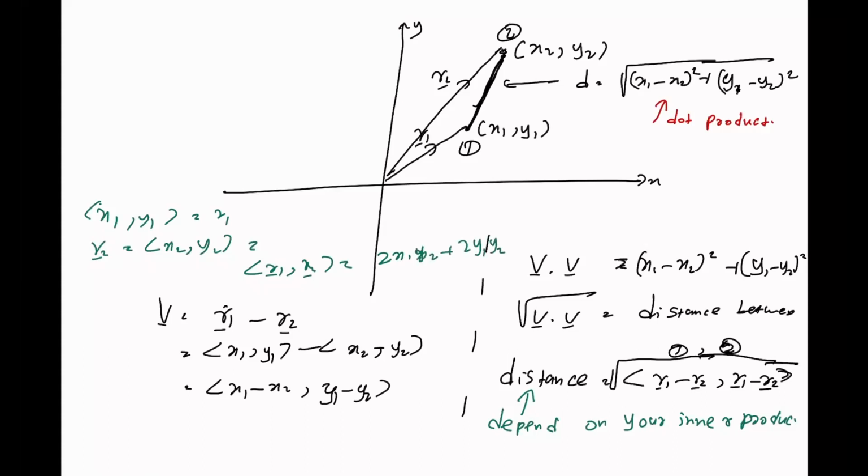If someone defined it that way, you have to use this inner product to calculate this distance, not the Euclidean dot product. Then you will have something like the square root of 2(x1 minus x2) squared plus 2(y1 minus y2) squared, with respect to that inner product, not the Euclidean dot product. So the distance depends on the inner product.